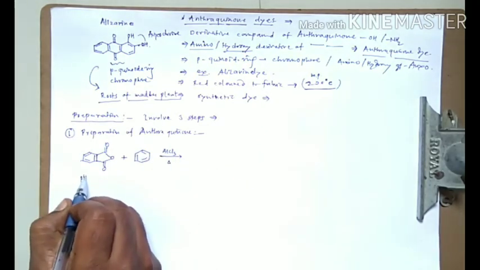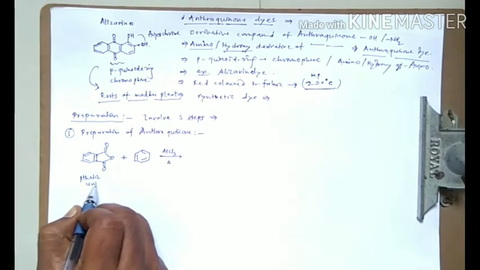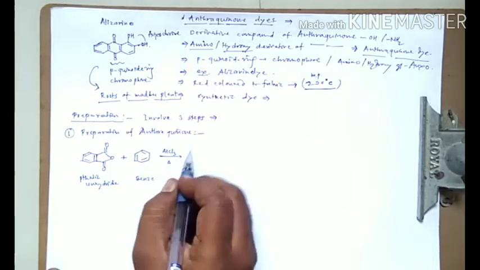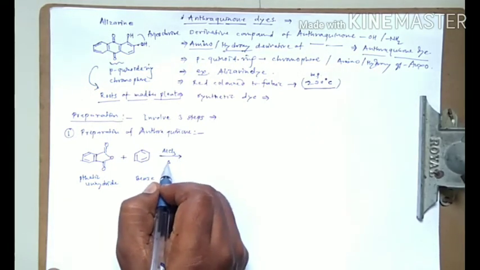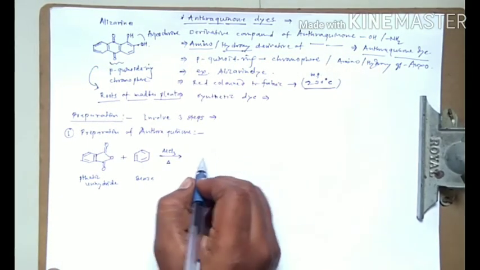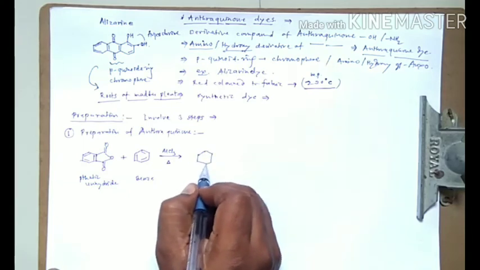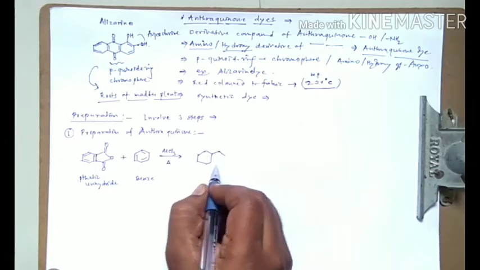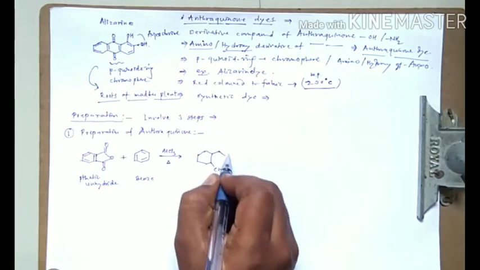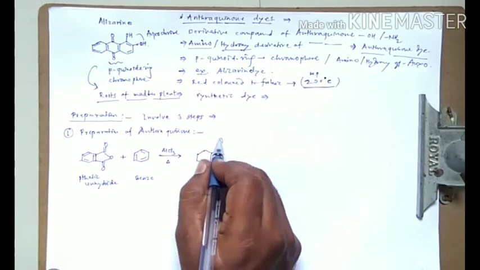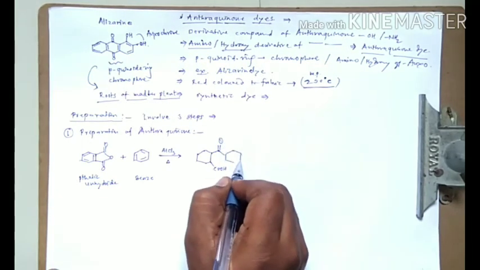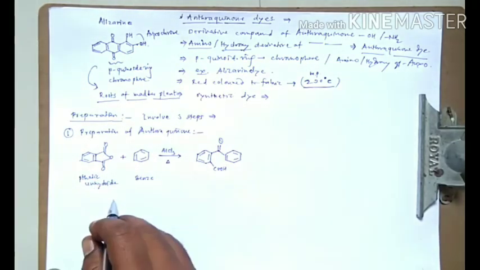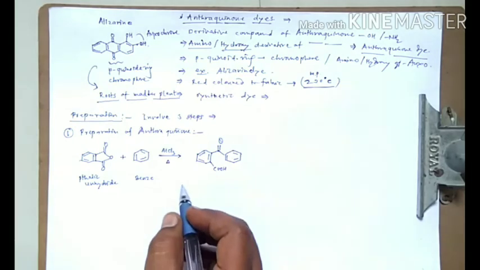So this is phthalic anhydride, which when it reacts with benzene in presence of the Lewis acid AlCl3 leads to formation of benzoic acid.